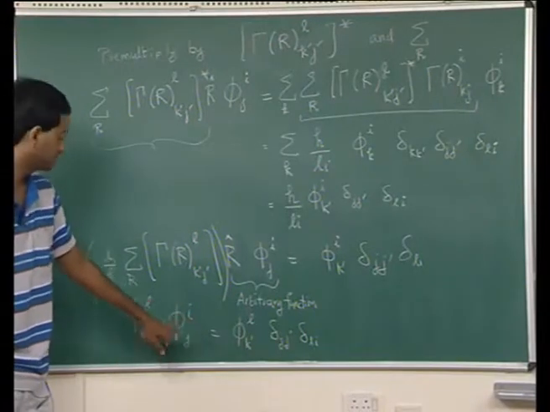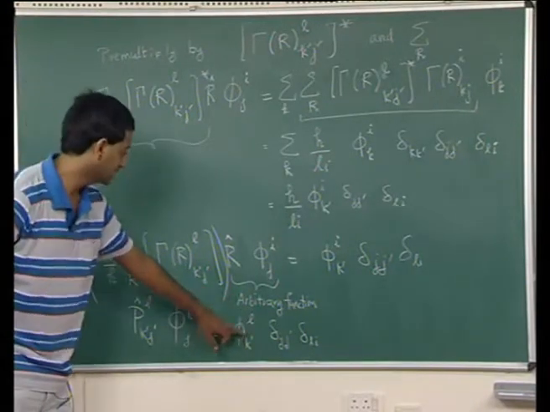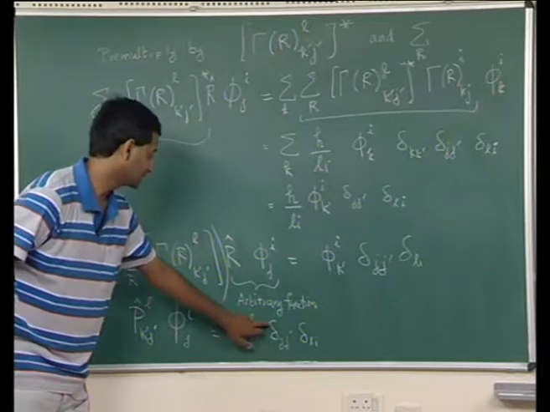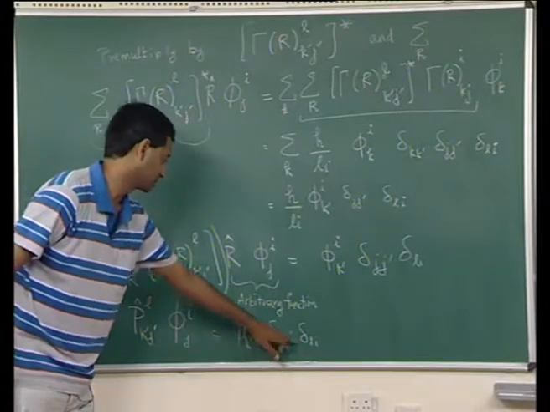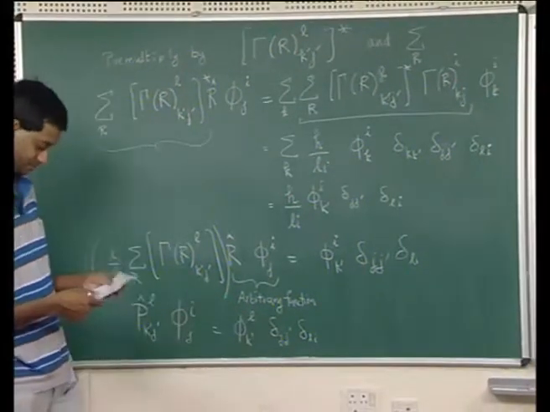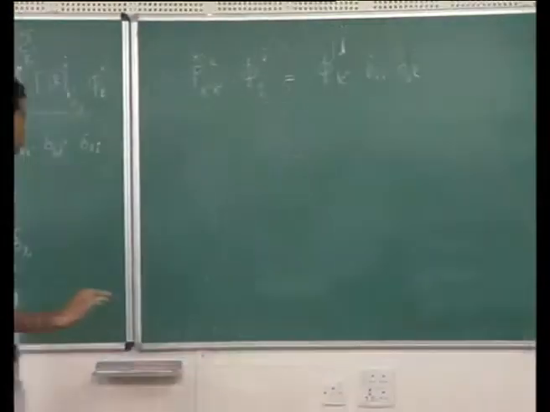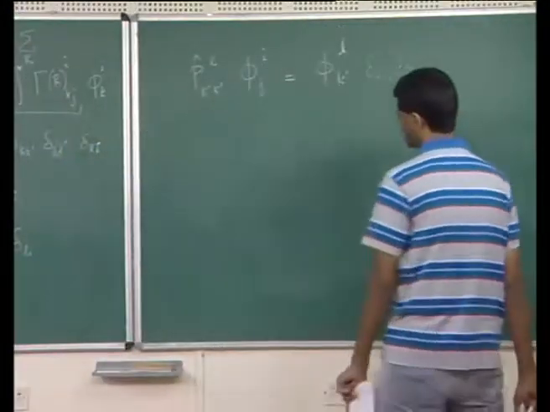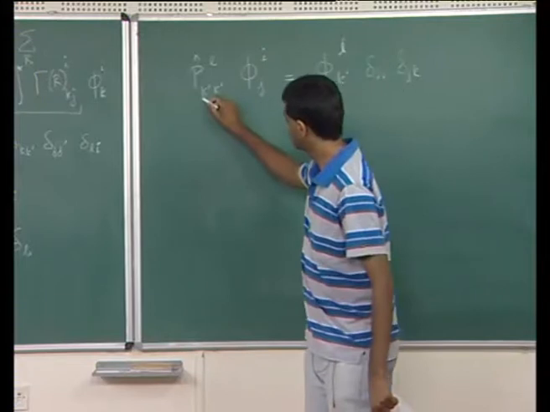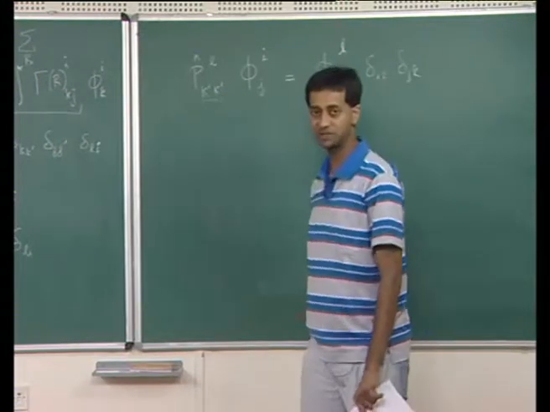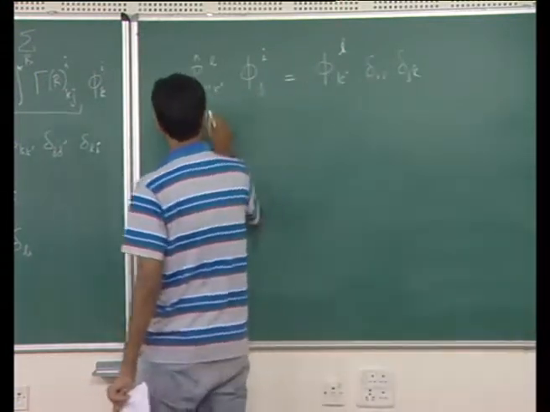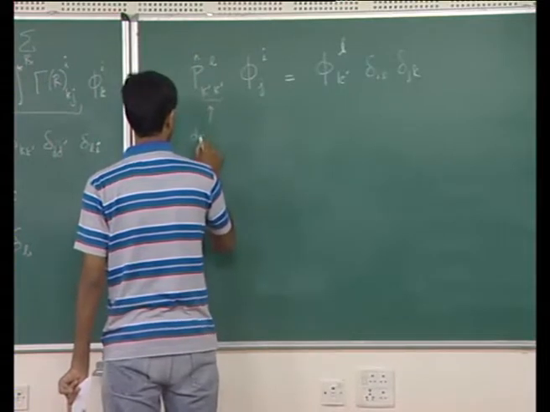So on the right hand side you have phi_{L k'} delta_{jk} delta_{IL}. So this is a k prime element, these are diagonal elements.